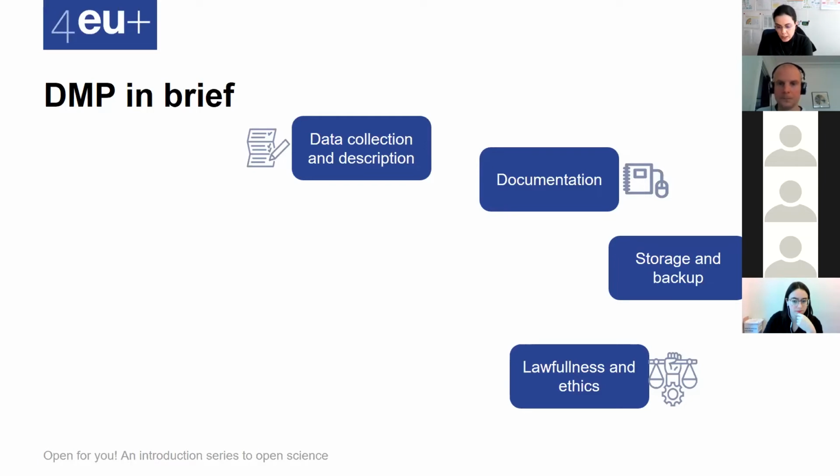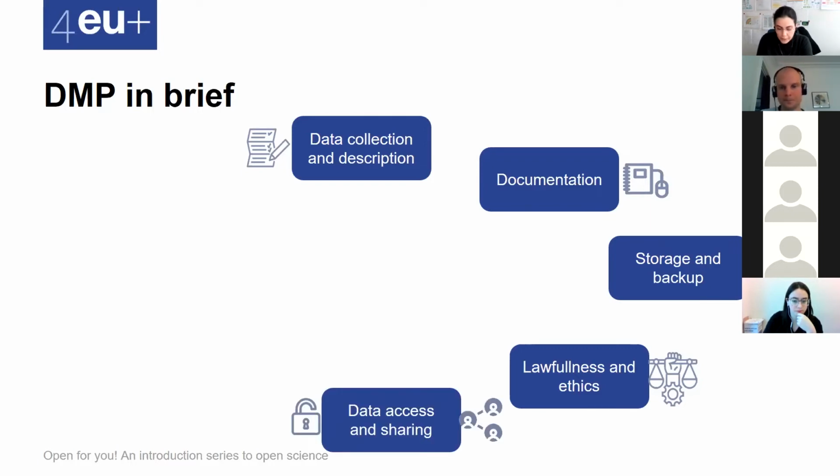If personal data is collected, the procedure for anonymizing the data can be described here. In the part data access and sharing, this part explains who can access the data, where and how it will be published, with what license. We will see the license later.